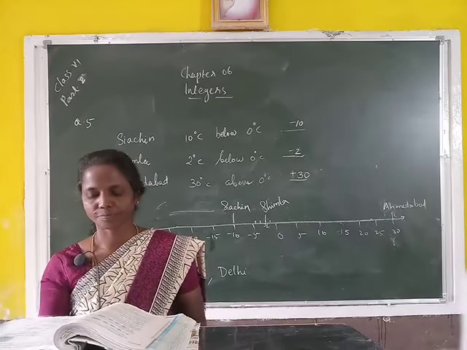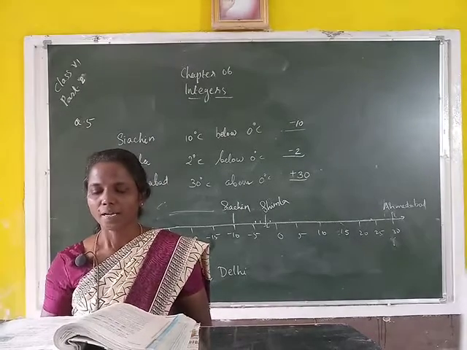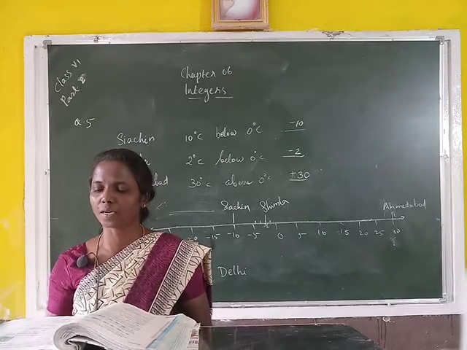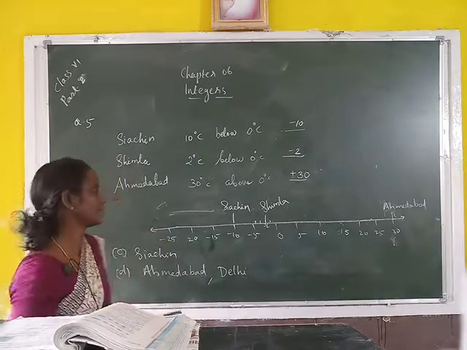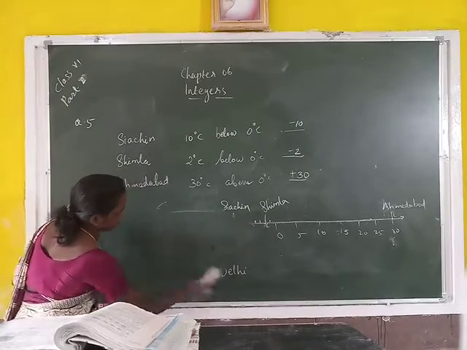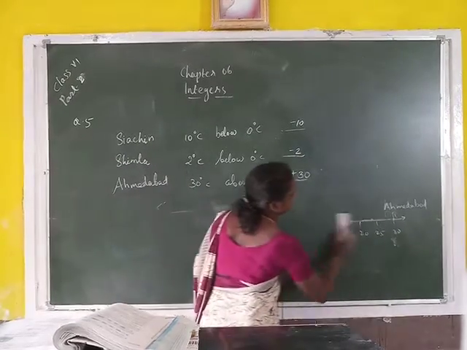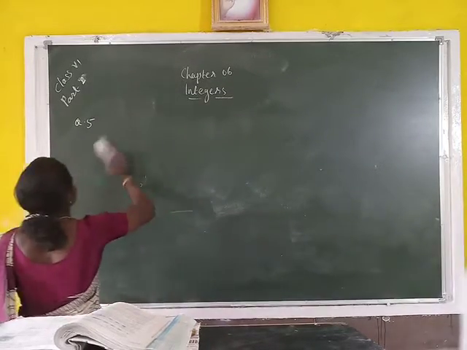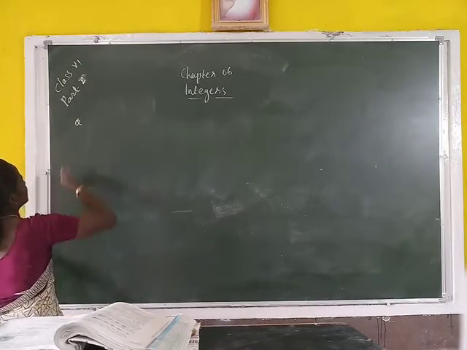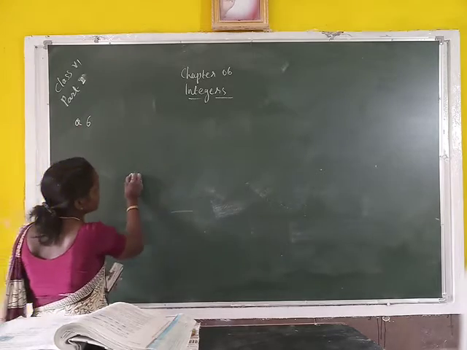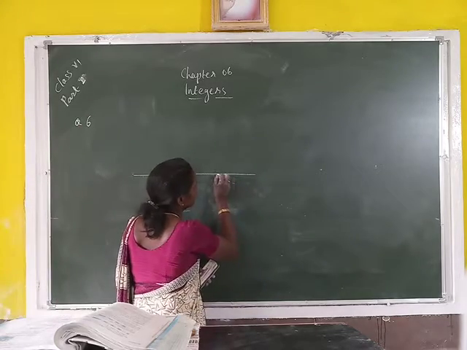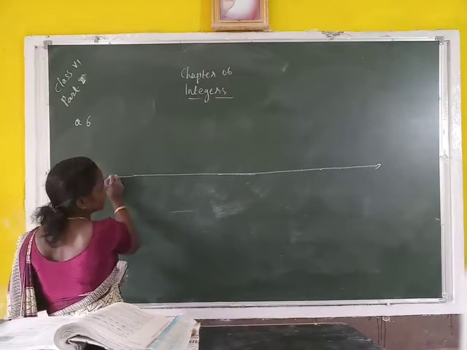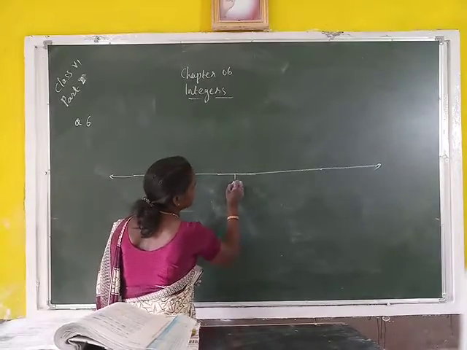The next question number 6. In each of the following pairs, which number is to the right of the other on the number line? Question number 6. First you write a number line. 0.